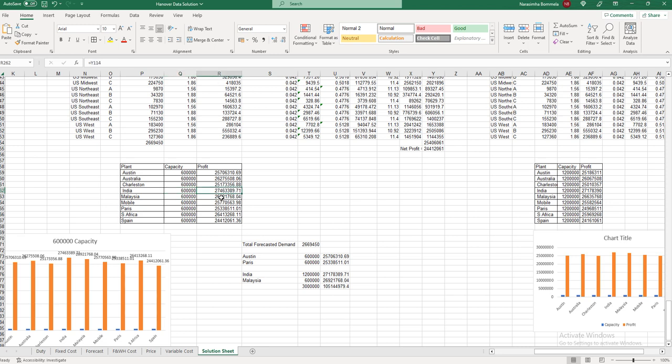As India and Malaysia are generating larger values when the capacity is 600,000, we can go with implementing plants in India and Malaysia. Even if you cross check at 1,200,000 units, the total value it is creating is 21778390 after reducing fixed costs.